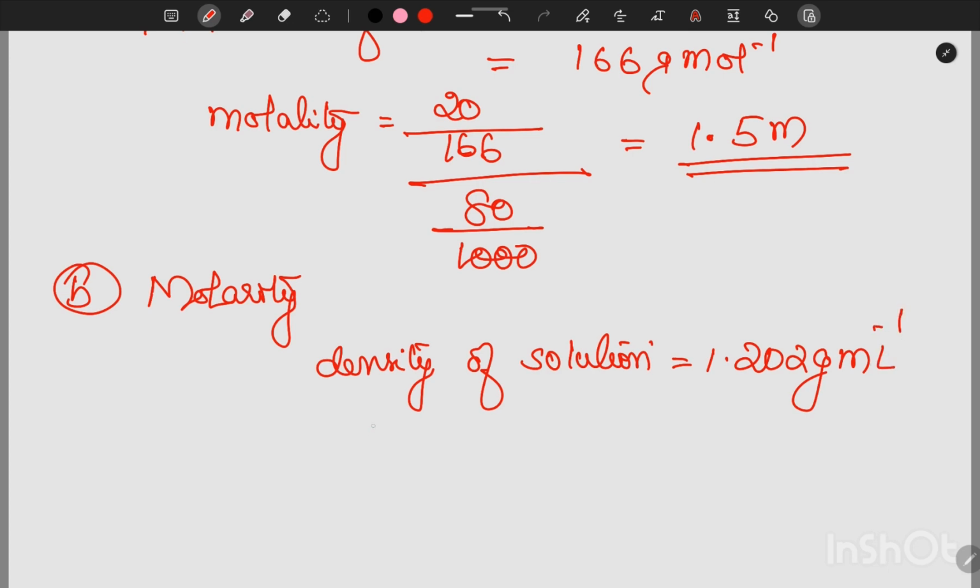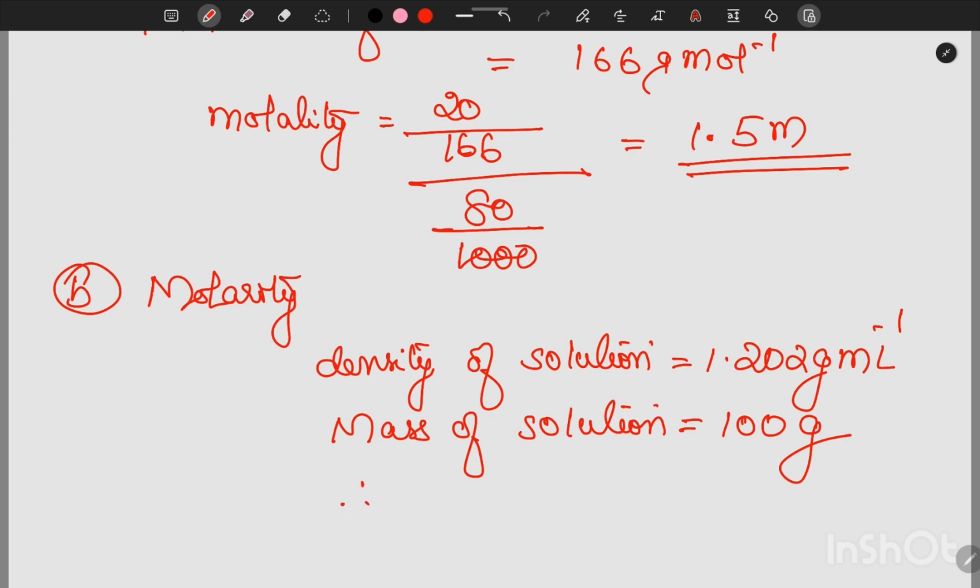For finding volume, we know before we wrote, mass of solution is always fixed, it is 100 gram. So mass by volume is equal to density. Since we have to find out volume, volume is equal to mass by density.